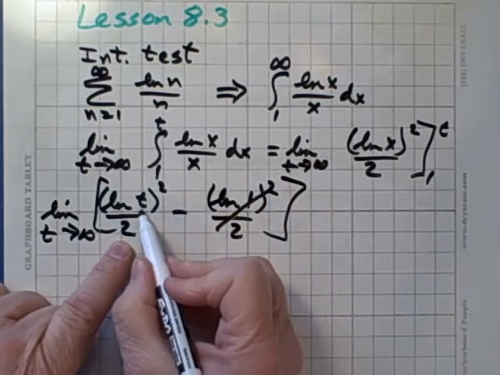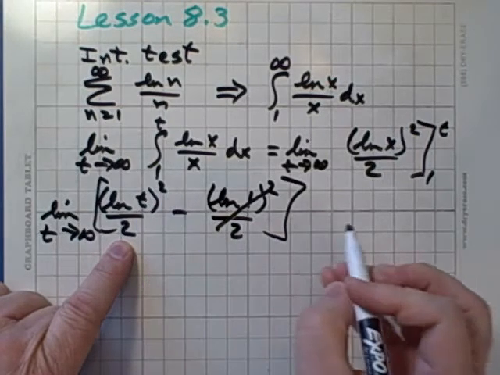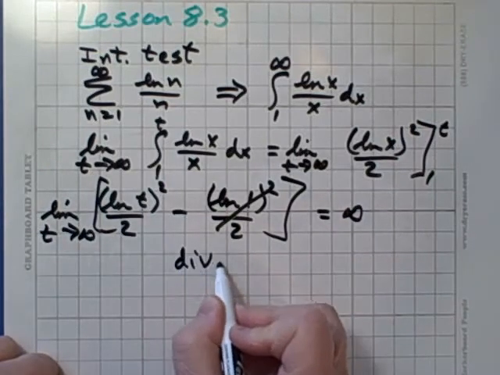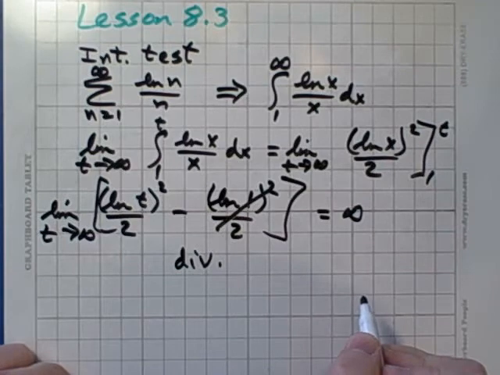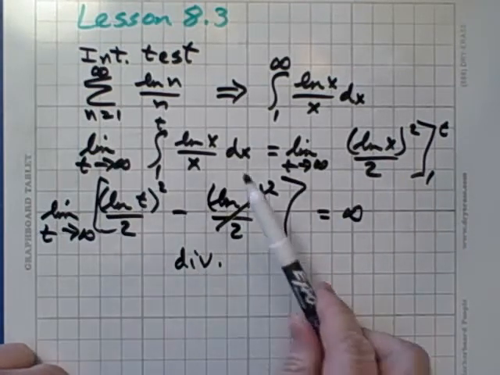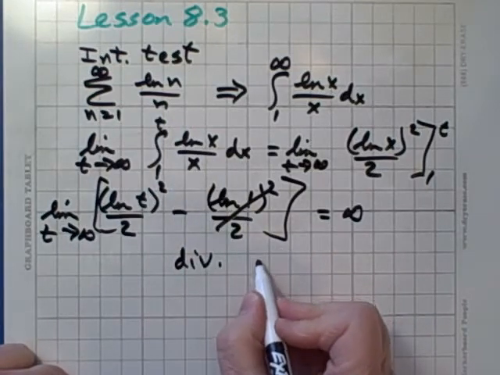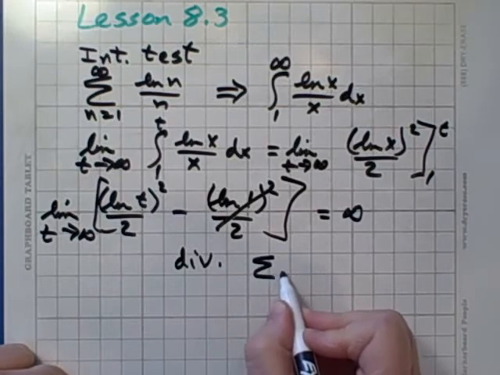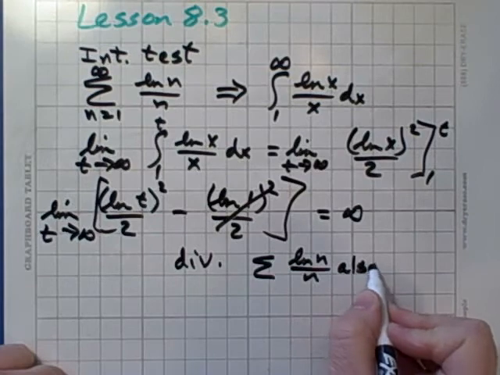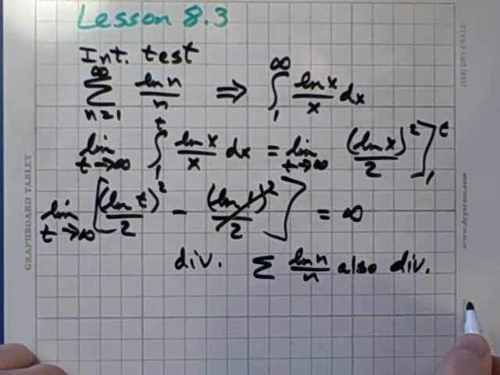And it is true that this function continues to climb, and so would its square, so it is divergent. And therefore, we have shown that the series would also be divergent. So we could summarize that the series natural log of n over n is also divergent by the integral test.